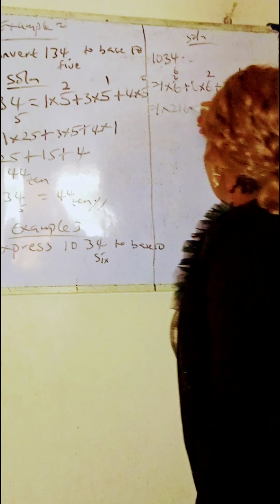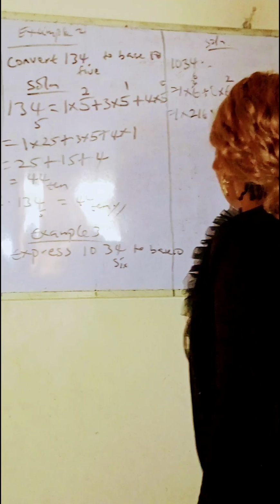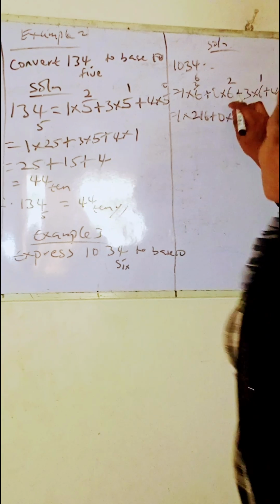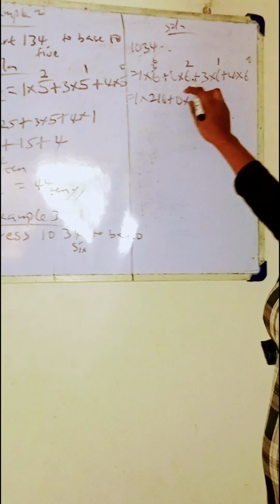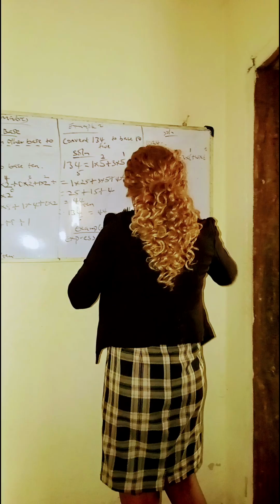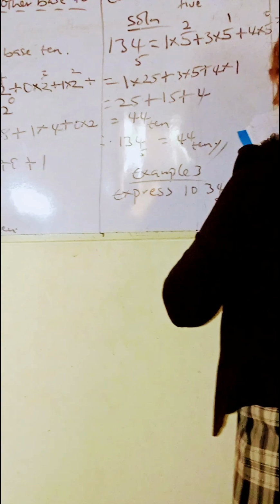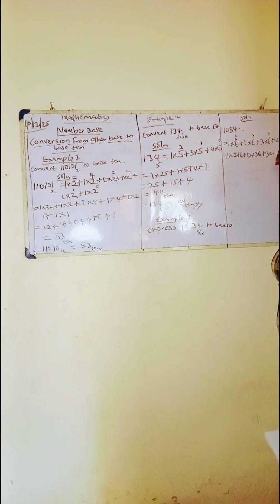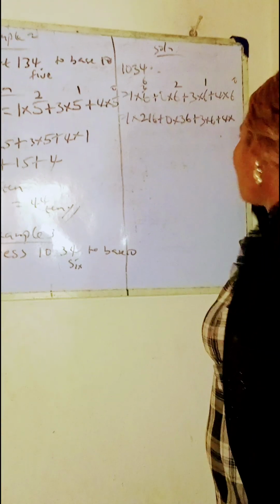I'm going to put down my 0. 6 raised to power 2 means 6 times 6, which is what? 36. 3 times 6 raised to power 1 is what? 6. Plus 4 times 6 raised to power 0 is what?